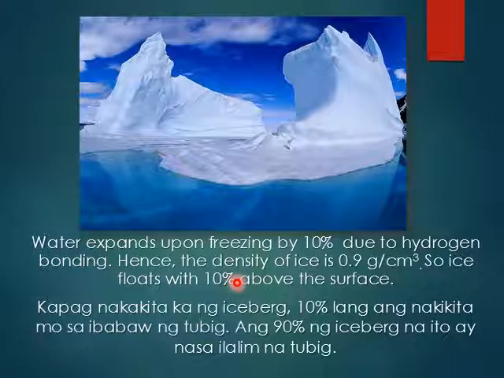So, kaya kapag nakakita tayo ng iceberg, 10% lang yung nakikita natin sa ibabaw ng tubig. Just like in this example. So, ito ay 10% lang. Yung remaining 90% niya actually ay nasa ilalim ng tubig. Kaya, di ba, sobrang delikado na mag-navigate through icy waters. Kaya, di ba, may mga regulations tayo dyan kung paano yung proper and safe navigation through icy waters.